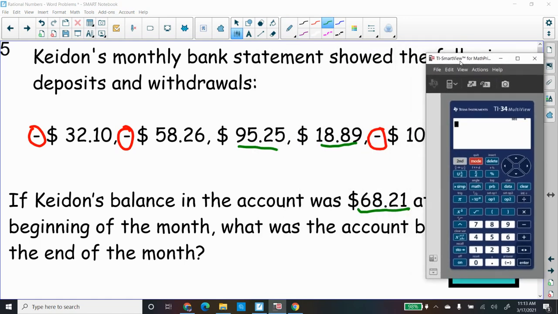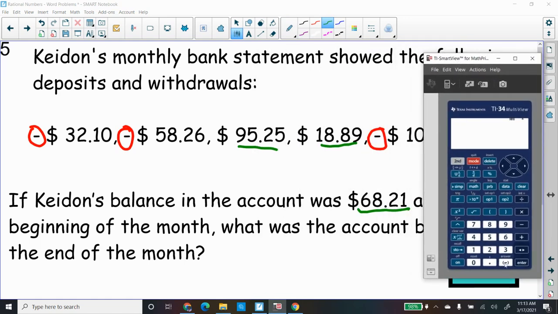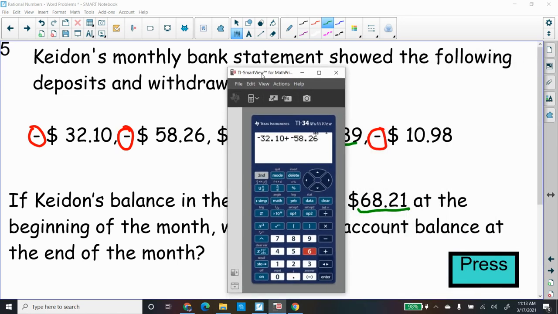So she'd say, okay, negative $32.10. She added that on to the negative $58.26 because remember the rules for adding signed numbers. You're allowed to combine your signed numbers because it just gives you a bigger signed number. And then there was a negative $10.98.